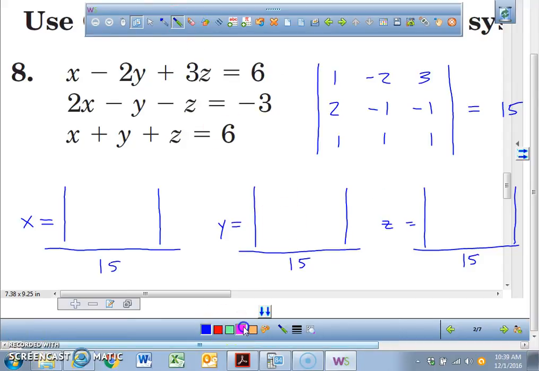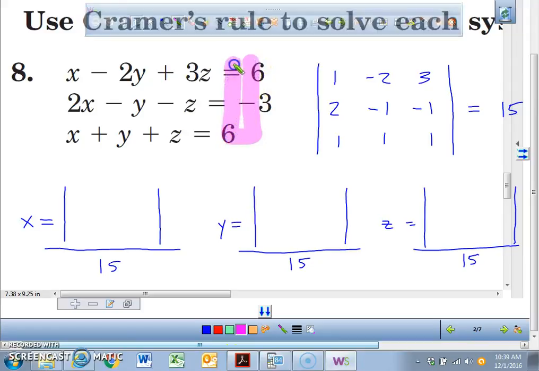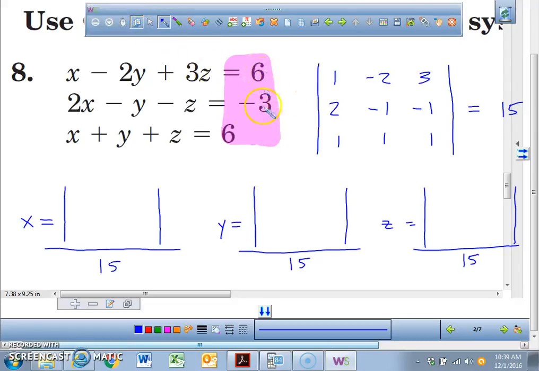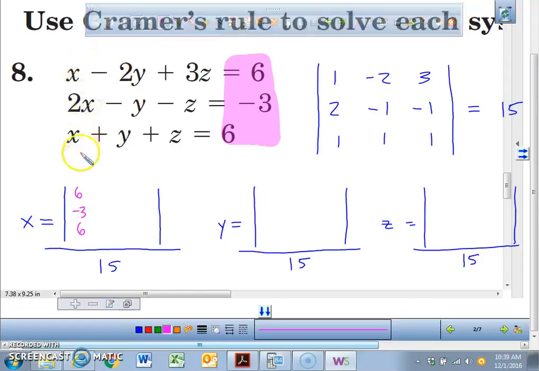All right, now that you guys have built that, I want you guys to carefully look at the 6, the -3, and the 6. Very important that you take these 3 numbers, and when you're solving for x, you carefully place them in the column where all of your coefficients for x were.